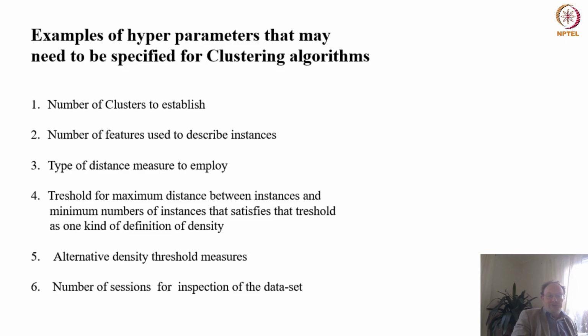For certain methods, density is a concept. One approach there is to set up some threshold for maximum distance between instances as a criterion for being dense, and also the number of instances that have to satisfy such a density threshold.